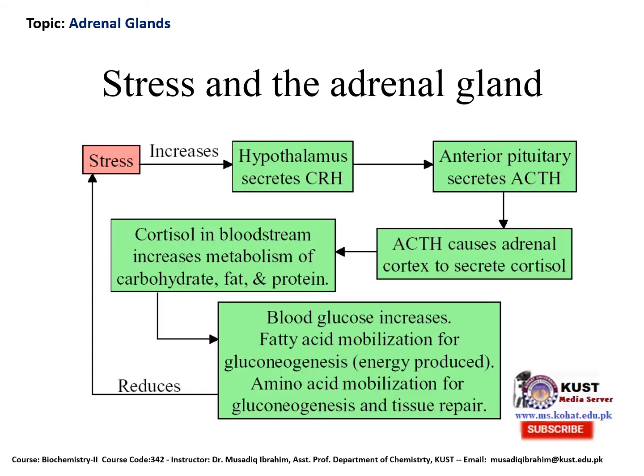So looking at this schematic diagram, you can see that first of all, this is the stress which has increased, and as a result of increasing stress, the hypothalamus from the brain secretes CRH, which stands for corticotropin releasing hormone.